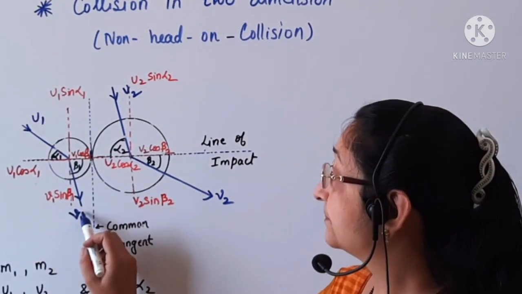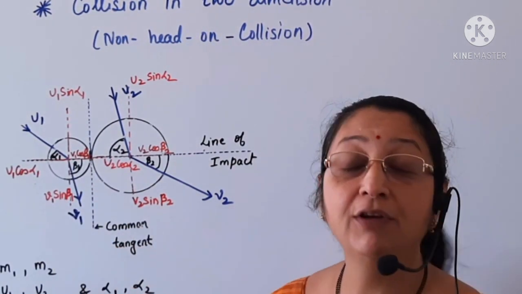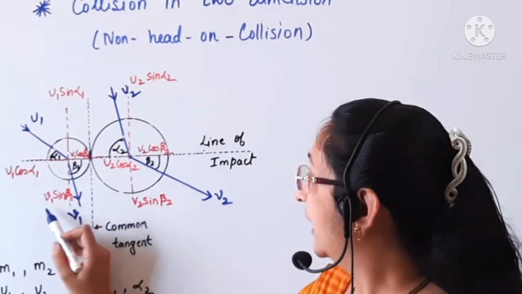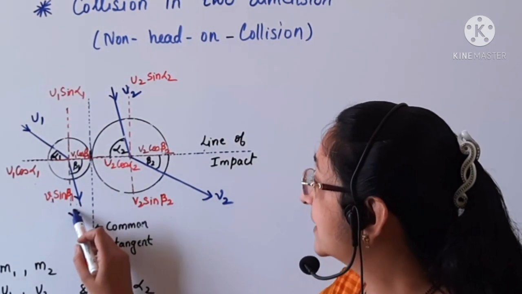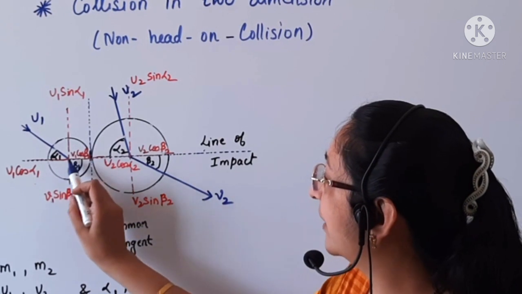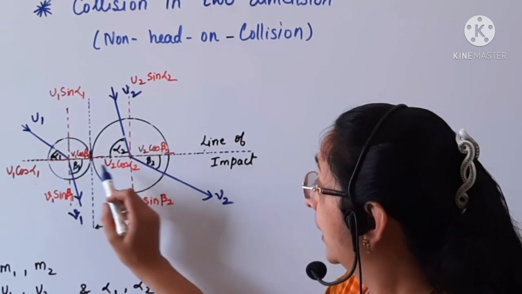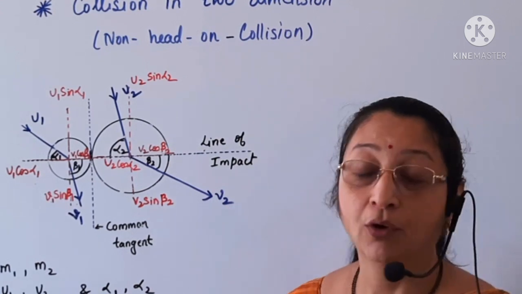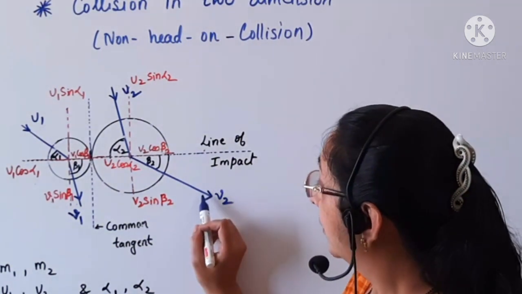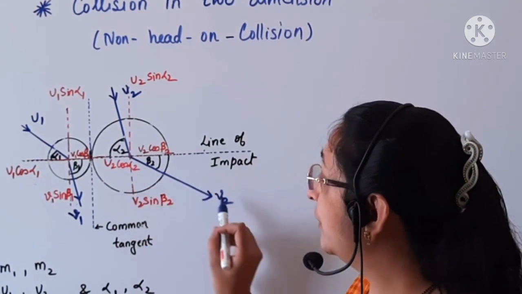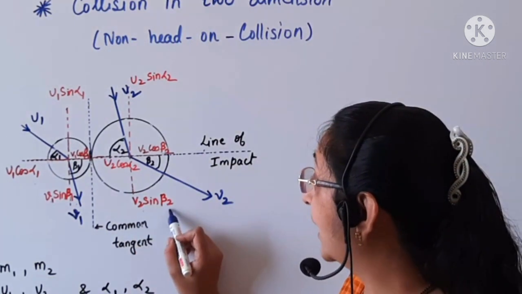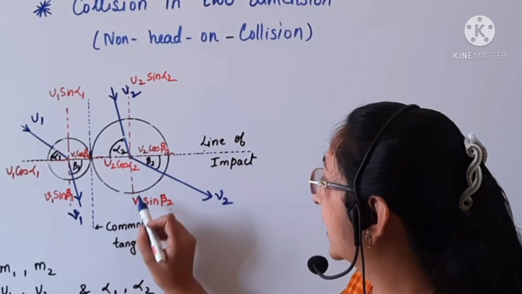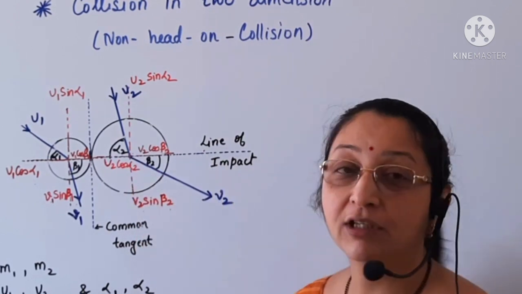So when we separate v1 into two components, it will be v1 sine of beta 1 along this direction and v1 cos of beta 1 along this direction. For v2, we separate into two parts: v2 sine of beta 2 along this direction and v2 cos of beta 2 along this direction.